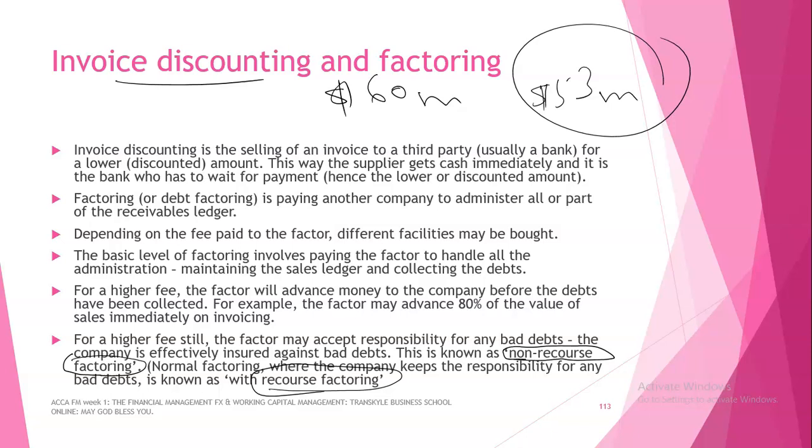But if there is a recourse, then we can't immediately recognize a sale because there is a danger that that sale is going to be cancelled and so forth. All right, so that's the idea in this case.